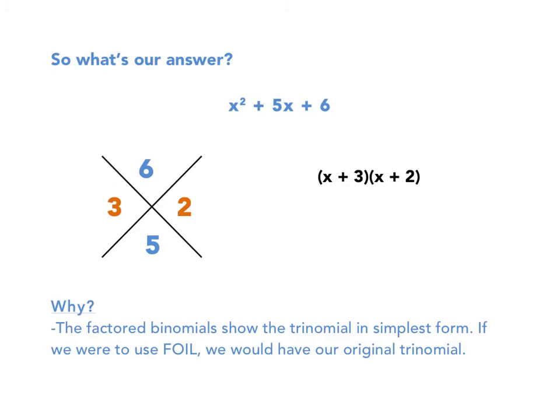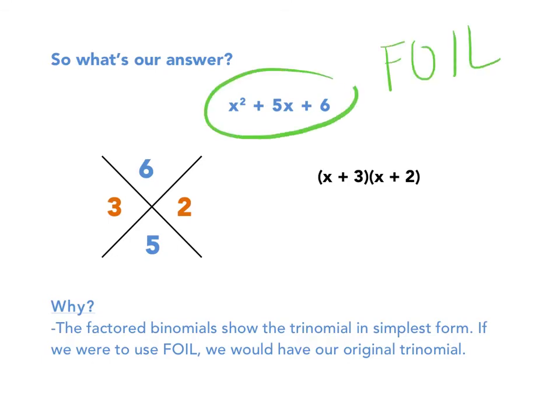So if you think back to when we first did factoring, once you factored out the GCF, we wanted you to check your answer by redistributing that greatest common factor into whatever simplified polynomial you had. So we want you to do the same thing here, where you're going to use FOIL to check your answer.